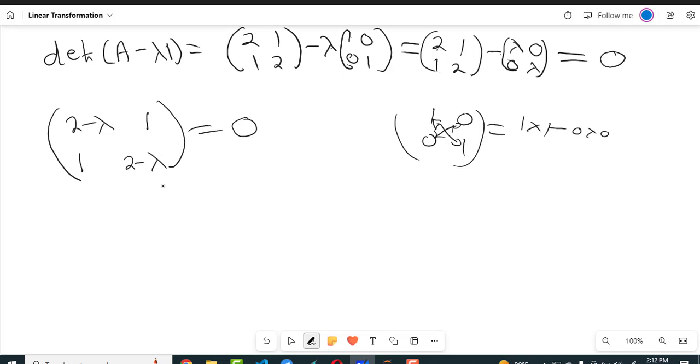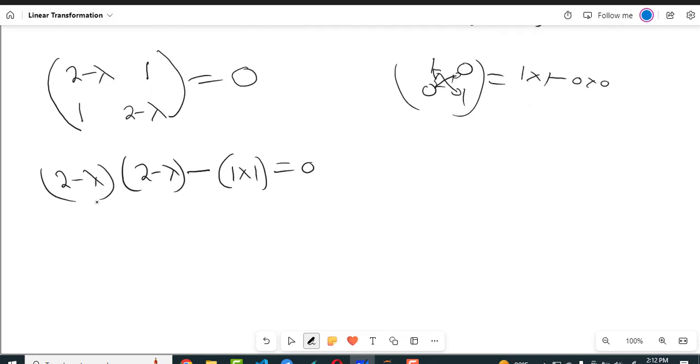I think you get the concept. So now we are multiplying 2 minus lambda, bracket 2 minus lambda, then minus, since we are looking for the determinant, minus 1 times 1, all equal to 0.